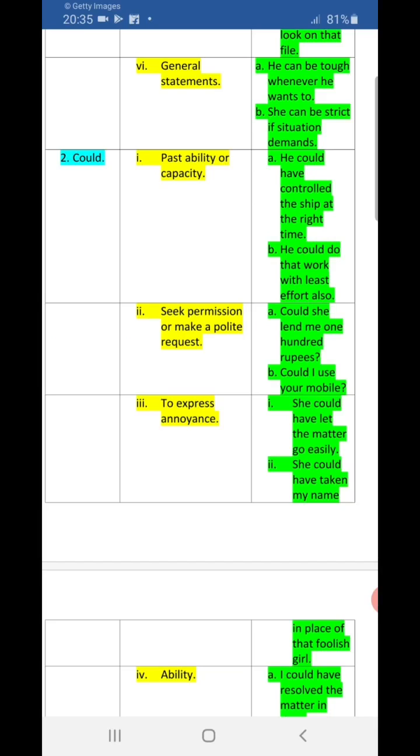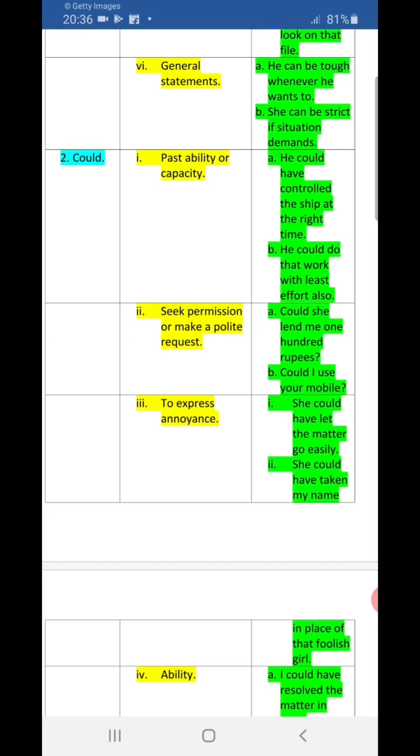So he takes over control at that time. And here, anyone is telling, suppose, that that very person, he could have controlled the ship at the right time. So, if he would have done so, then lives of many people would have been saved.